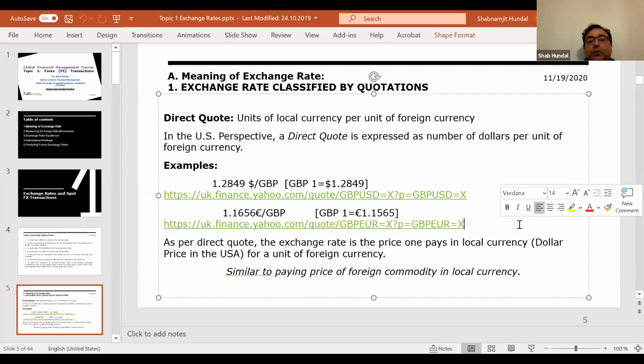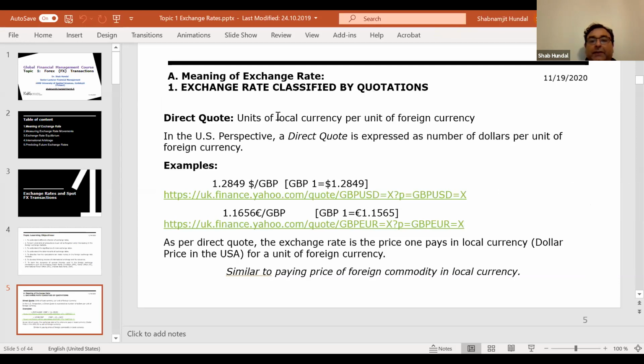So to avoid the confusion, I suggest that whenever you do some calculation for the assignment, for the examination, or even in practical life, always make sure which country you are in. Call that country's currency the local currency. Call it the number of units you pay for 1 unit of the foreign currency.